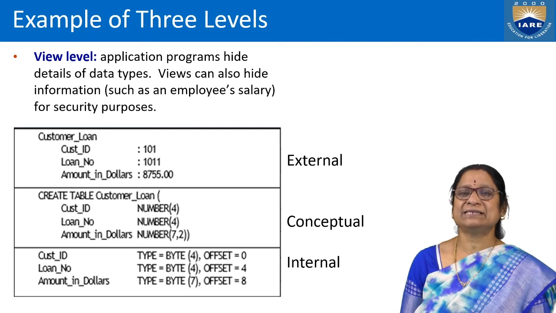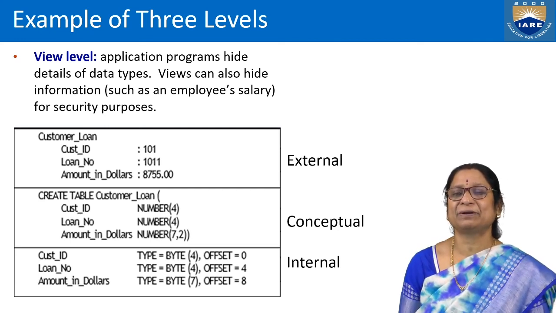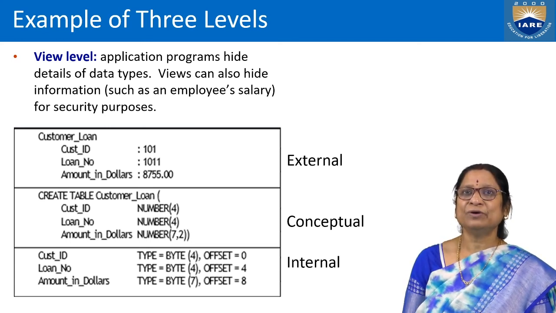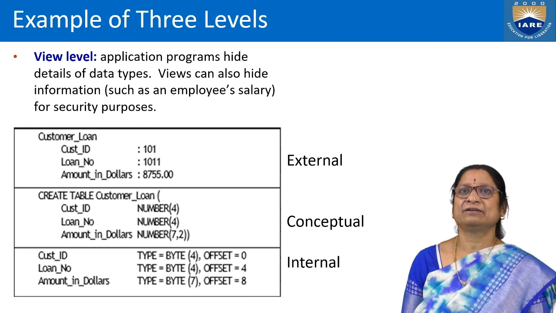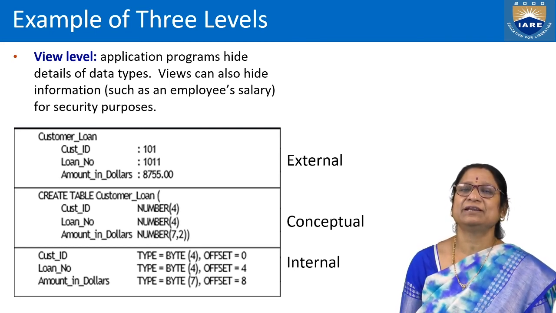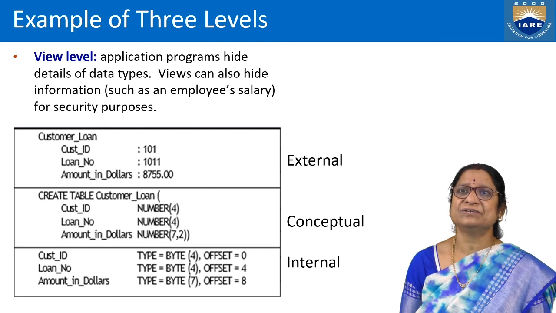For example, for security purposes, I may view only my own data, my account details from my bank account. I cannot view others' details. It is hidden. That is the abstraction. At the view level, only the part of the data for which credentials are provided is going to be viewed by us. Take any website, for example railway reservations.